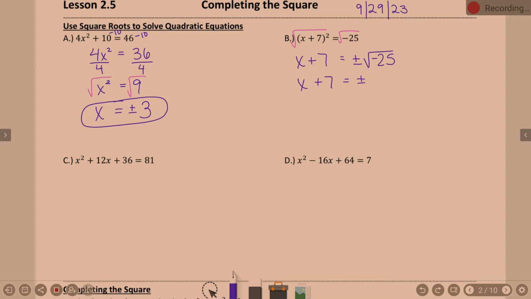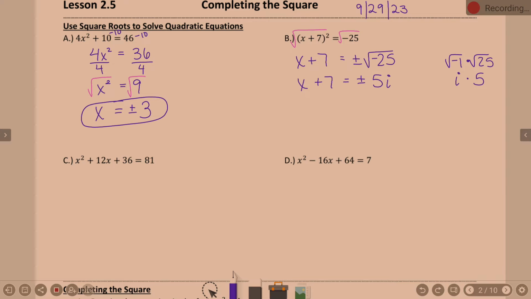Plus or minus 5i. Remember, guys, it's the square root of negative 1 times the square root of 25. The square root of negative 1 is i. The square root of 25 is 5.